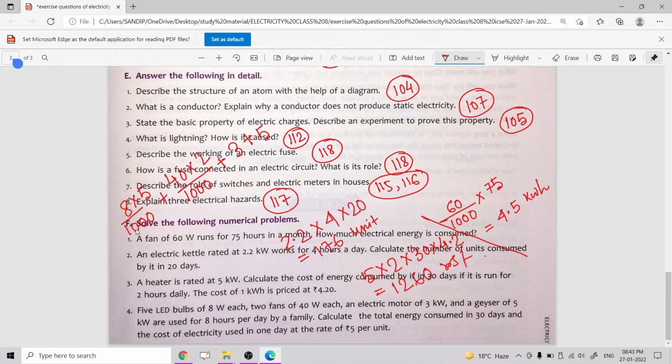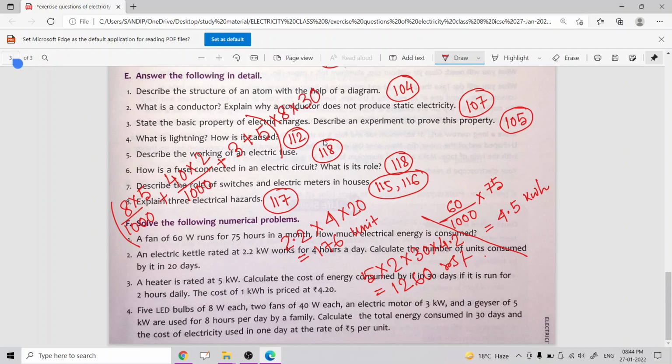So this is the total power of all the devices, used for 8 hours per day. So you just multiply with 8, and for 30 days you just multiply by 30.